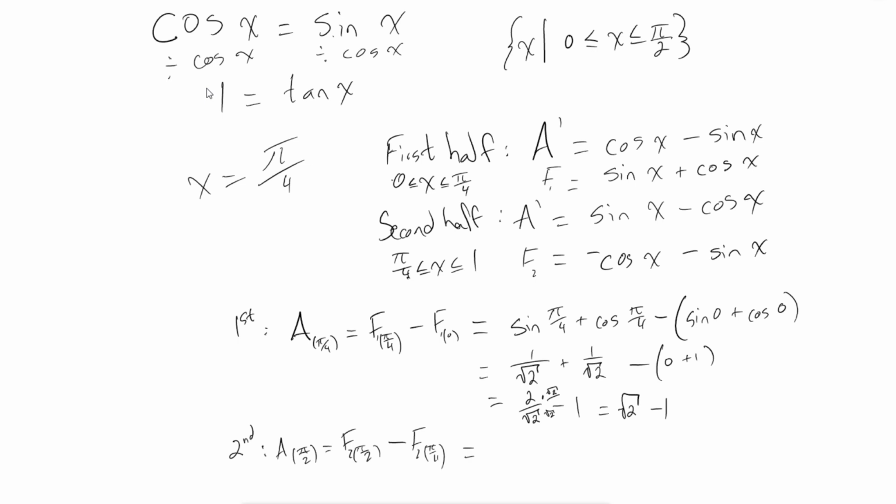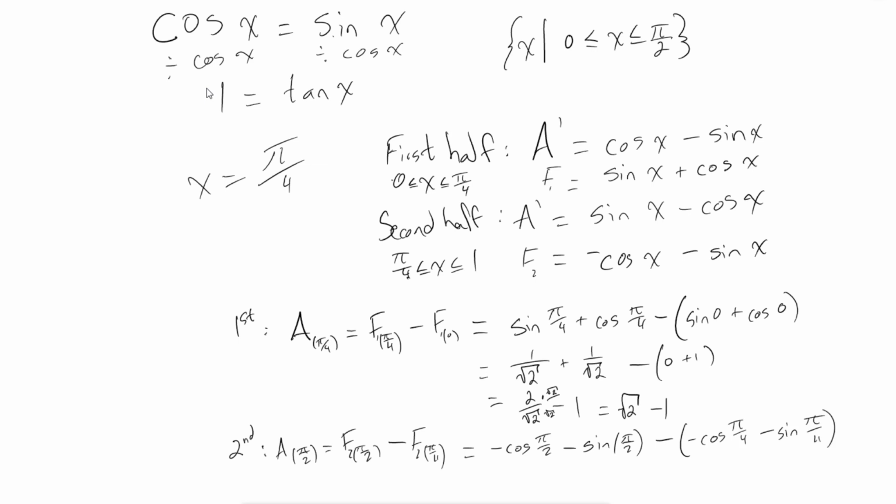So I now have function 2 at pi over 2, so that's negative cosine at pi over 2 minus sine at pi over 2. Minus, in brackets once again, negative cosine at pi over 4 minus sine at pi over 4.